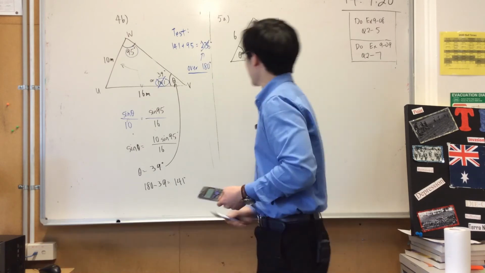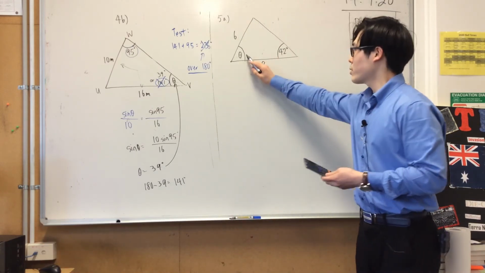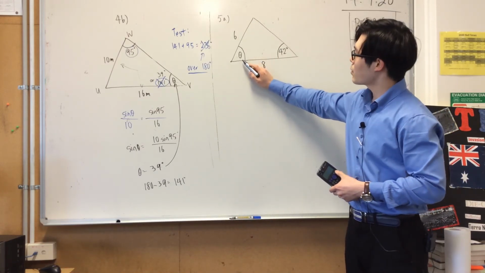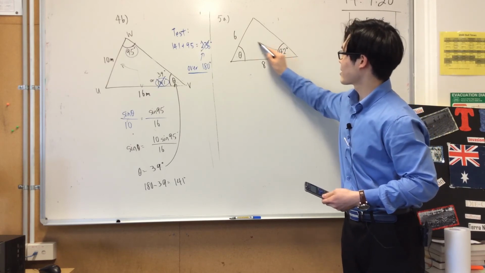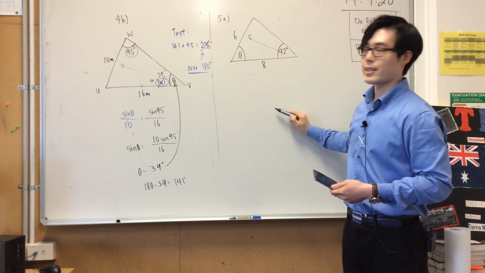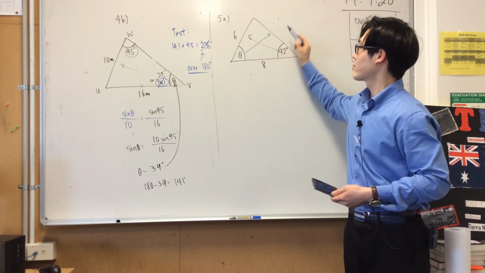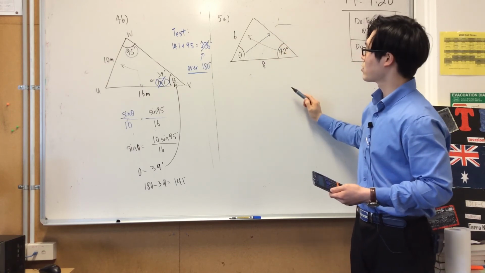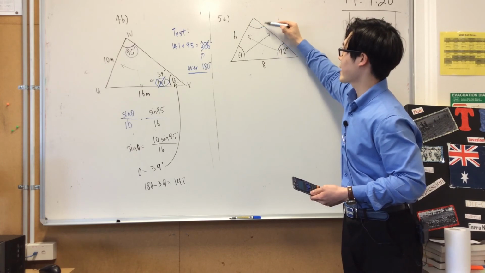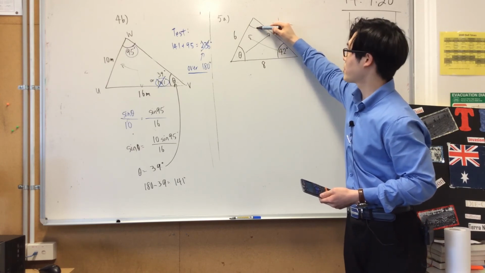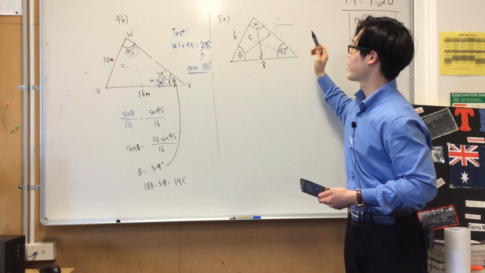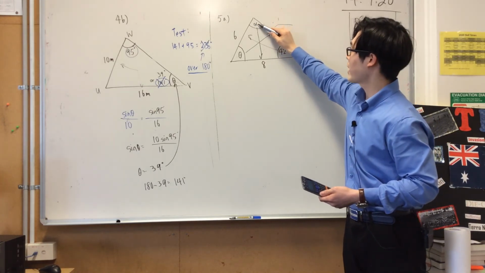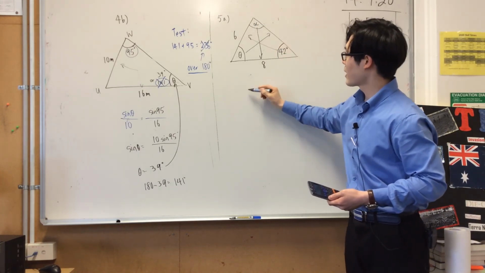Now with question 5a, we need to find this angle. The problem with this question is there is an angle and a side matching from the opposite side, but there's nothing there. So what you want to do is find this other angle first, because opposite that angle there is a side. So let's find alpha, using sine rule.